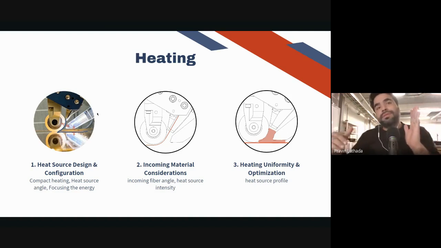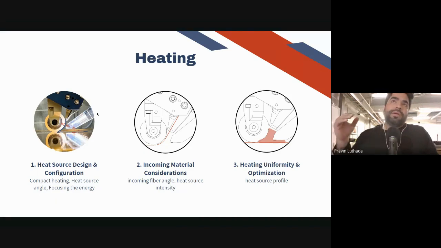It really helps the heat distribution to be very close to where the actual bonding or melting is happening. Yeah, as you can see, the second bit that I've written down is the angle of the heat source.